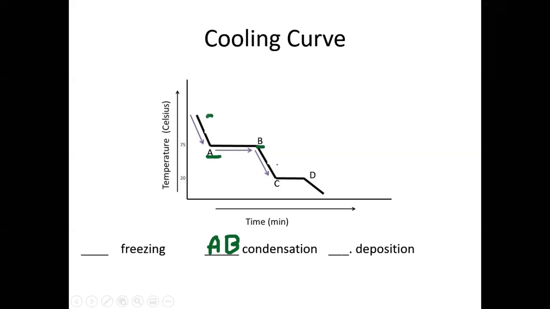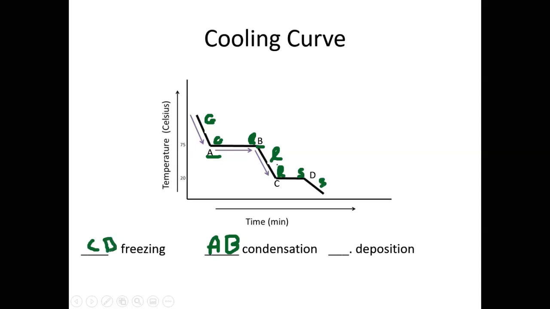On the slants, if we start off as a gas, then we go through a phase change, gas to liquid. And then on the next slant, we're in the liquid phase. When we get to the freezing point, we go from a liquid to a solid, and then we end up as a solid. So freezing occurs between C and D.